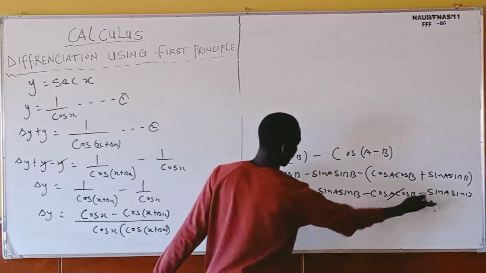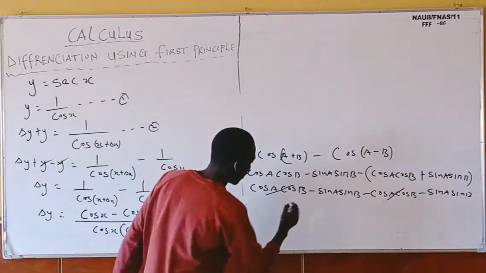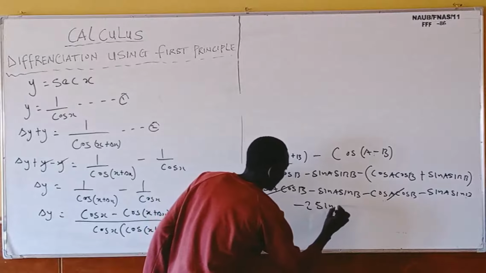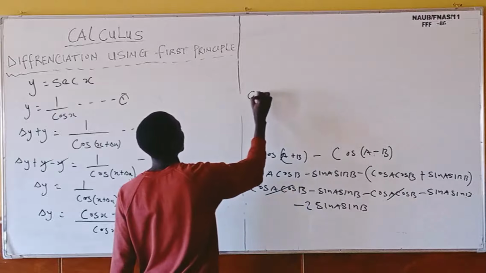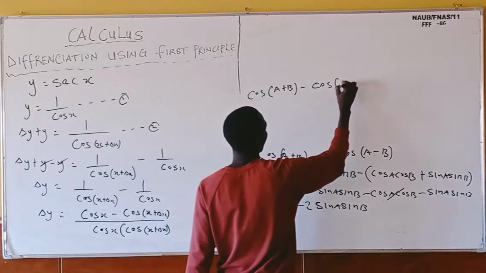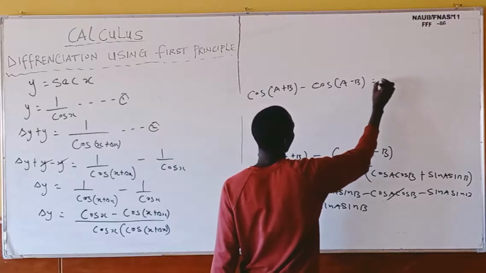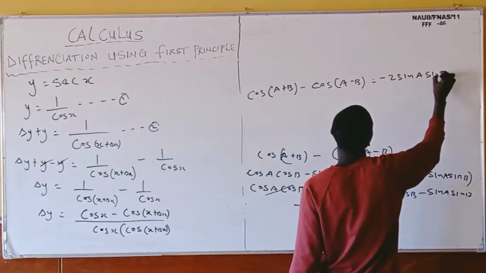Then we'll be left with minus sin a sin b minus sin a sin b, which is nothing but minus 2 sin a sin b. So it means cos(a plus b) minus cos(a minus b) is equal to minus 2 sin a sin b.